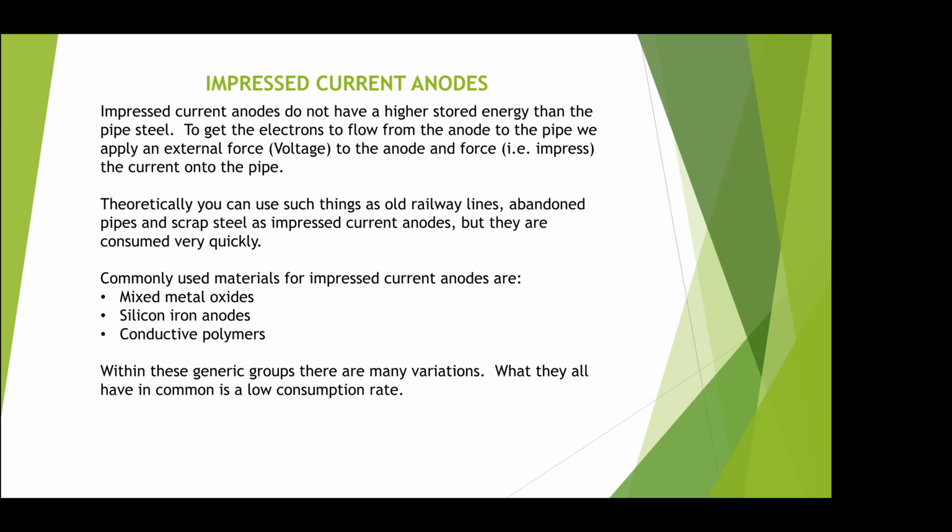Now, impressed current anodes don't have a higher stored energy than the pipe steel. And in order to get the electrons to flow, we stick some power on it. You can use solar power, you can use power from wind turbines, you can use transformer rectifiers, you can use batteries if you're stuck.